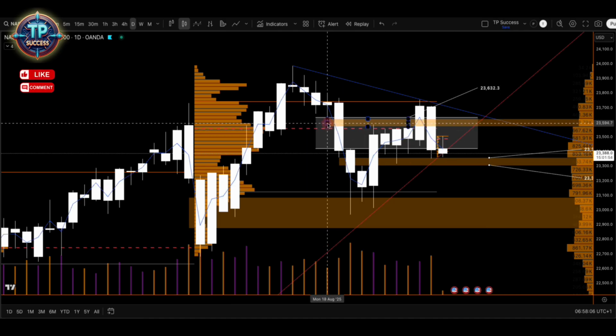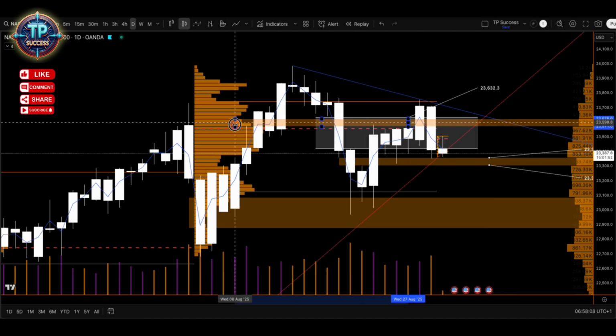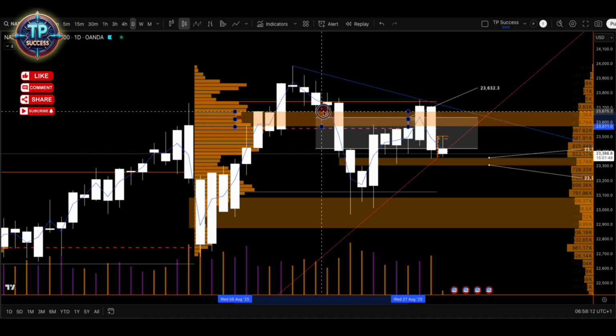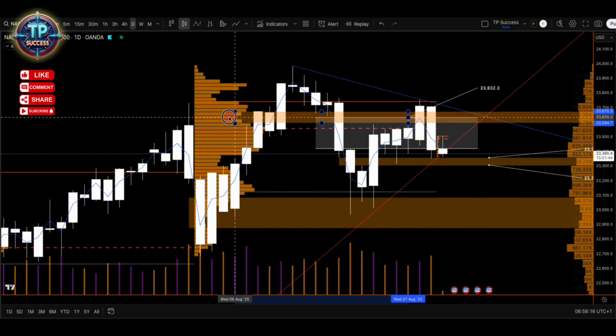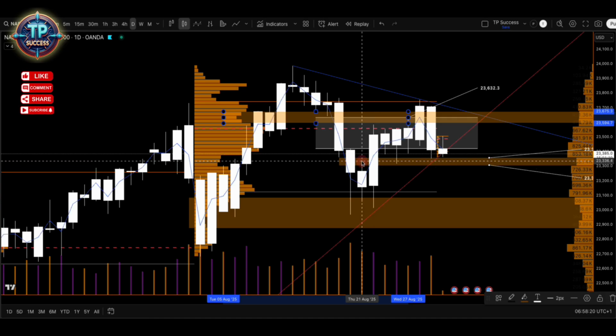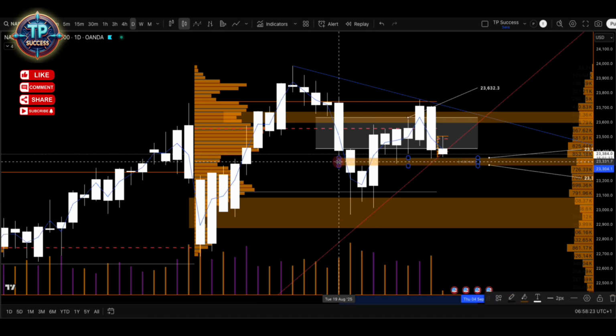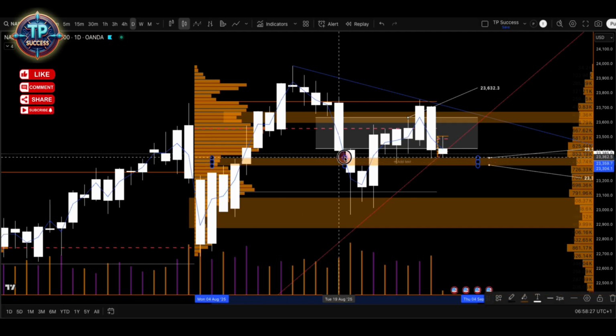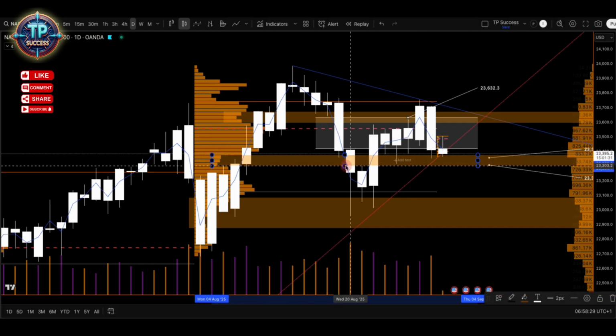So I'm going to drag this across just to see where this lines up, and I want to line it up with the monthly volume of August.